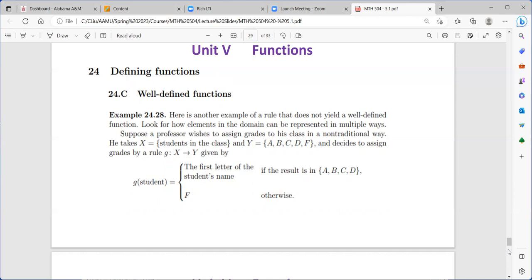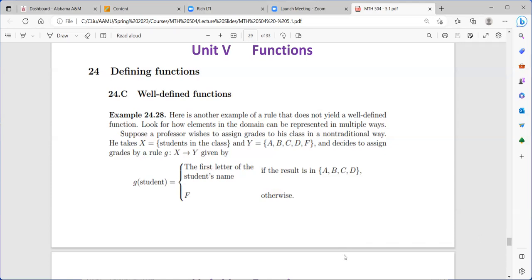So what's his way? He takes X, the set of students in the class, and set Y to be the grades A, B, C, D, and F. And decides to assign the grades by rule g, which is defined from set X to set Y, given by the following.